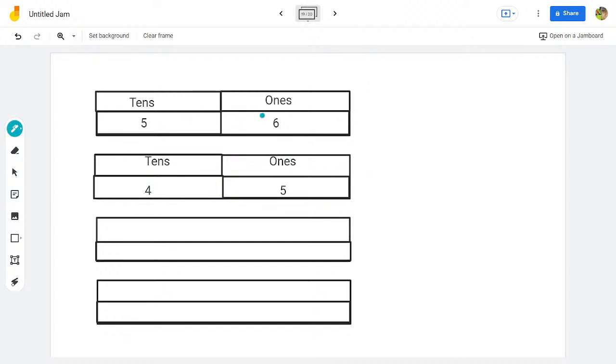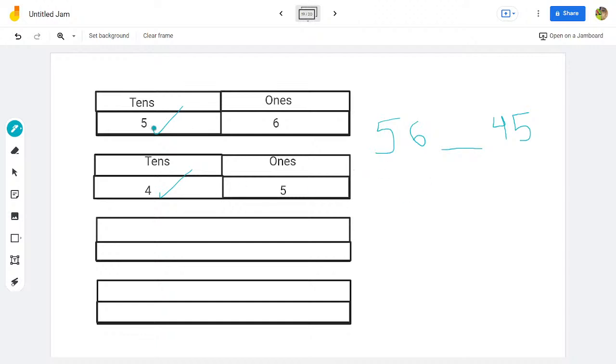The first number has 5 in the tens column. The second one has 4 in the tens column. So if we try comparing both the numbers 56 and 45, if we try using any one of those three symbols to compare these numbers, which number is bigger?